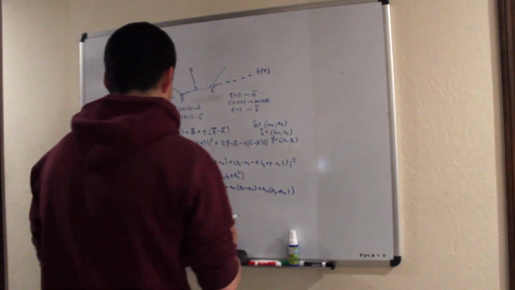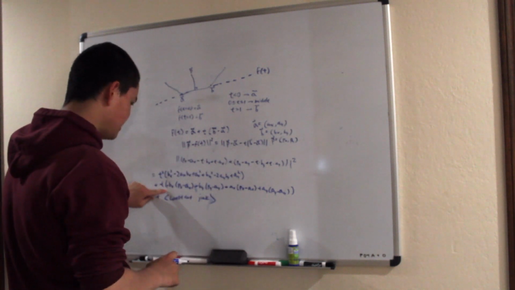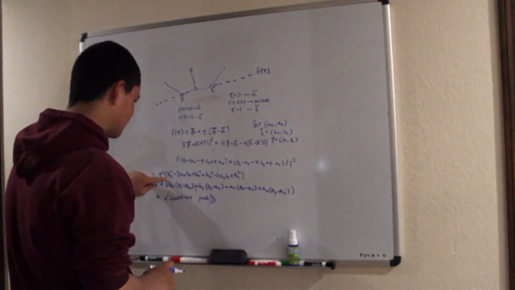So that will be negative b, which is this term here, over 2 times this term here.